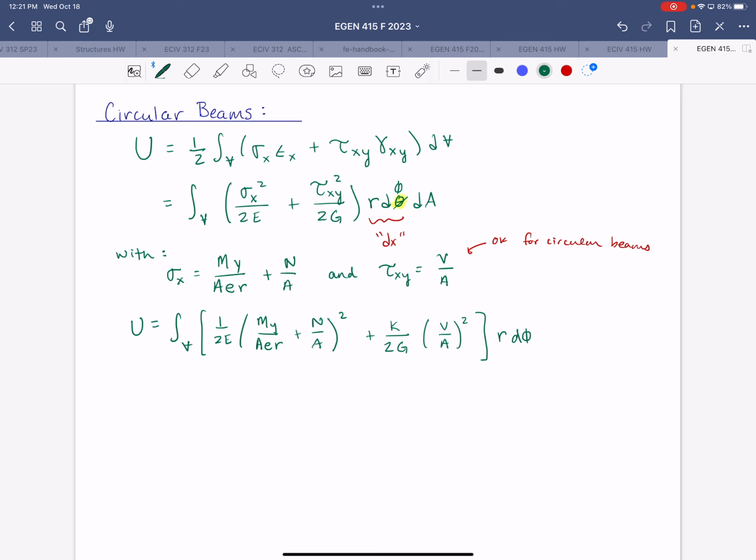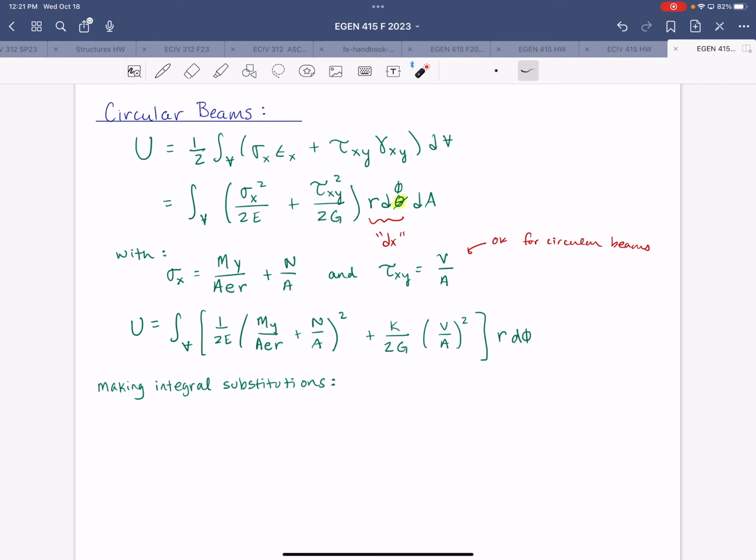All right, so then making some more integral substitutions. And really what I'm going to be doing here is identifying the items that are going to be variables within this integration.